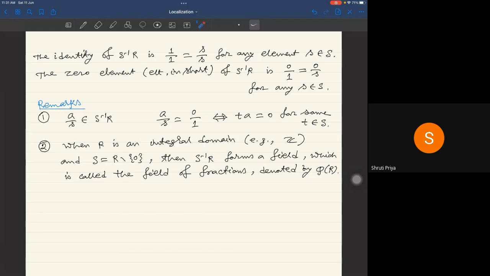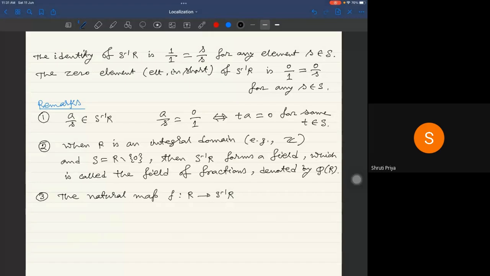Now you may ask what is the relation between R and S inverse R. You have this natural map, let me denote it by f, from R to S inverse R. Can you define a natural map from R to S inverse R?